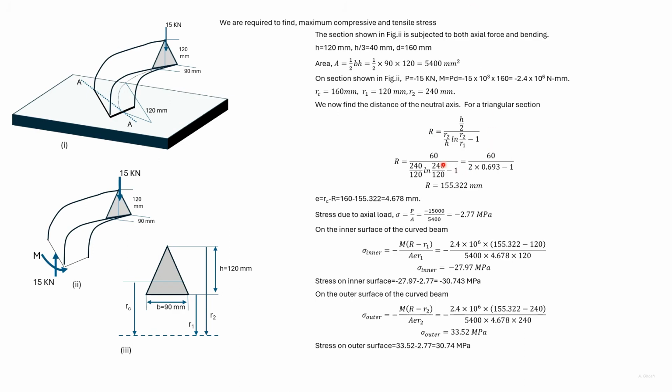For a triangle, R is given by this formula. Substituting R1 and R2, we get the value of R. E is given as RC minus capital R, and we can obtain E. We now find the stresses on the inner surface of the curved beam.